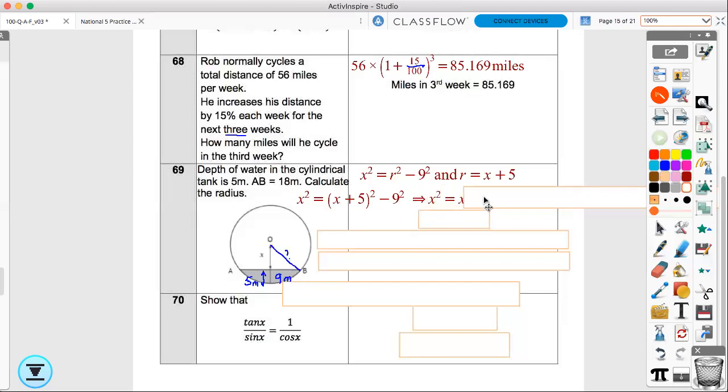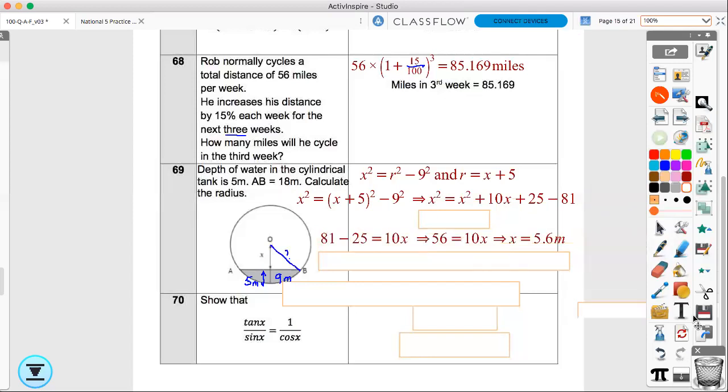And if you expand that, you get x squared equal x squared plus 10x plus 25 minus 81. Now I've got x squared here, I've got x squared here, so I can take them both away. And I end up with 10x equal 81 minus 25, or 56 equal 10x, which means x equal 5.6.